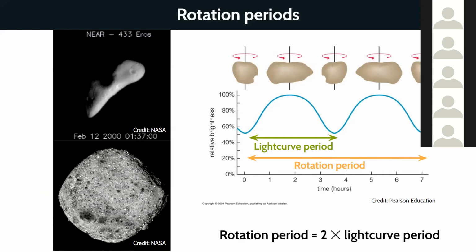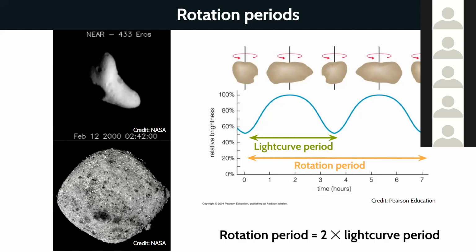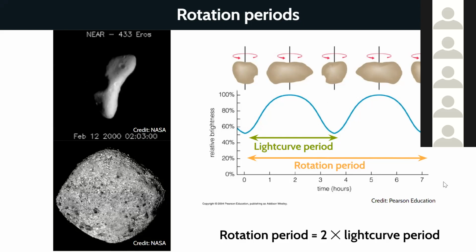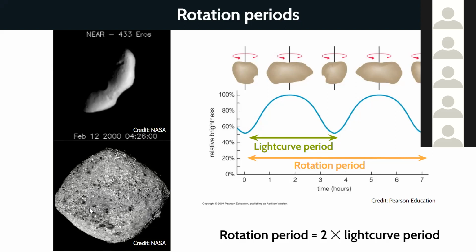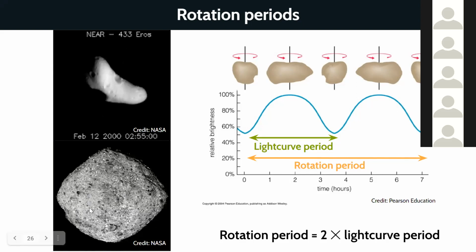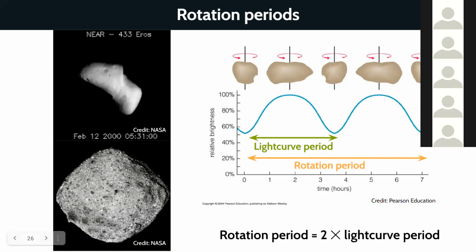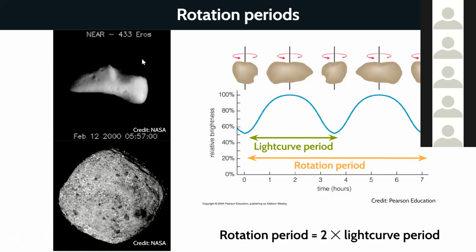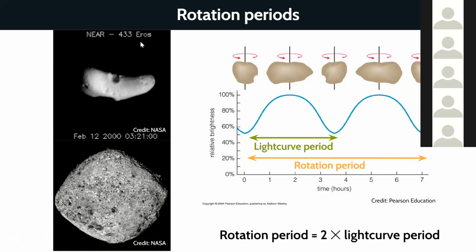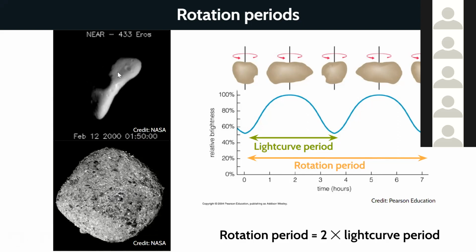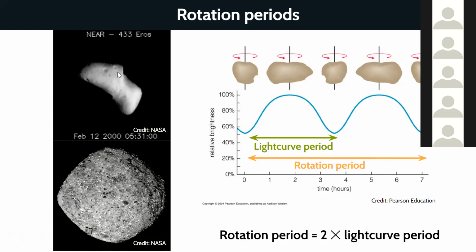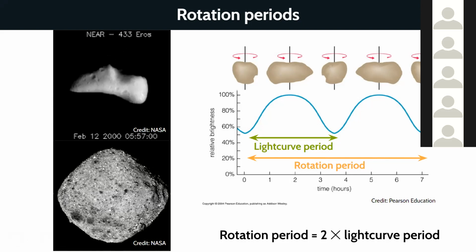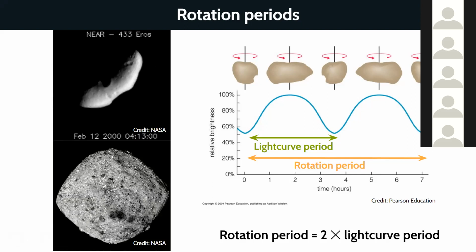Asteroids come in different shapes and sizes, and they also reflect light differently. Some asteroids, like this one, which is asteroid Bennu, are more spherical, which means the light curve would be relatively flat, but other asteroids, like Eros, are more elongated, so they would have a larger amplitude as they reflect more and less light from the sun.